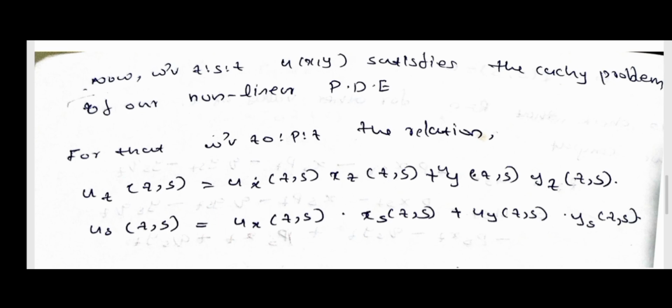Now we have constructed u in terms of x and y. Now we have to show this u of x, y satisfies the Cauchy problem for our PDE.